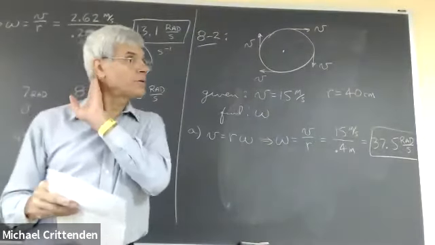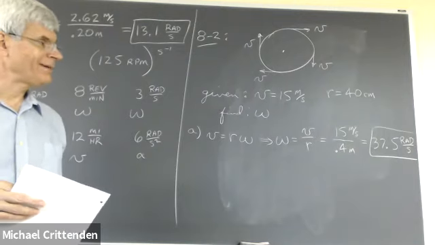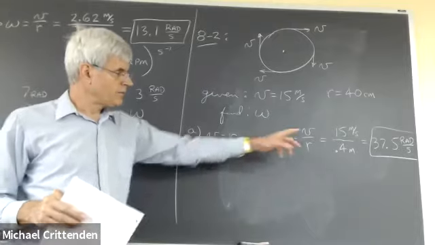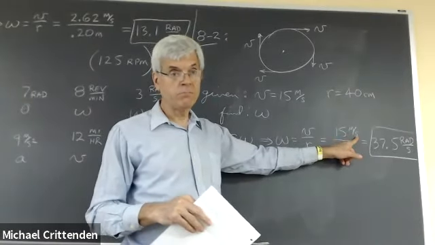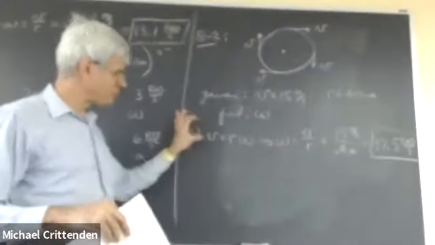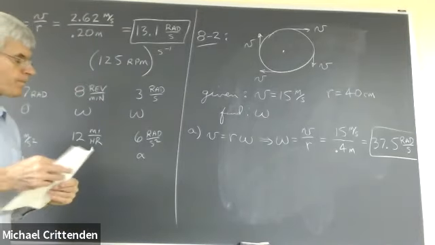And it comes out to 37.5 radians per second. It's in radians per second because the seconds come from here. The velocity was in meters per second, so that carries through. As for the radians, it's built into the formula that it's in radians.